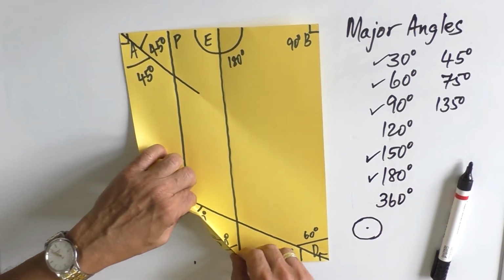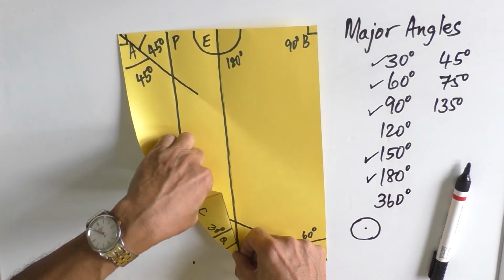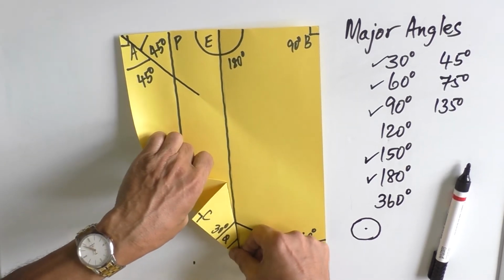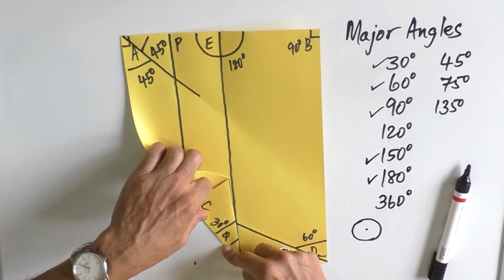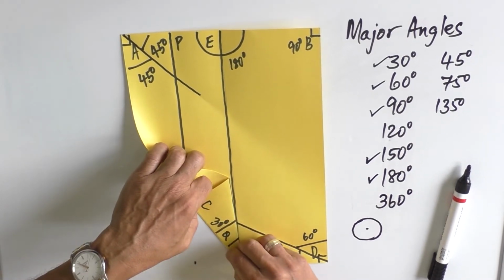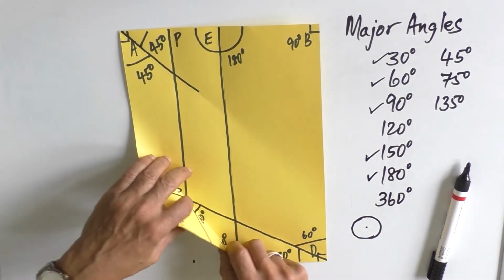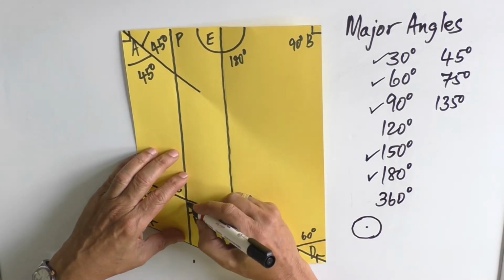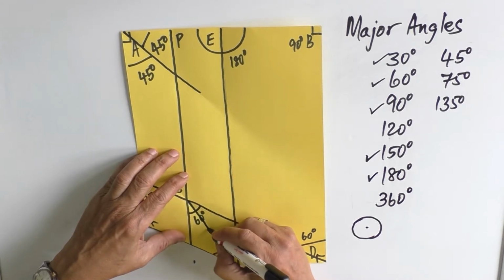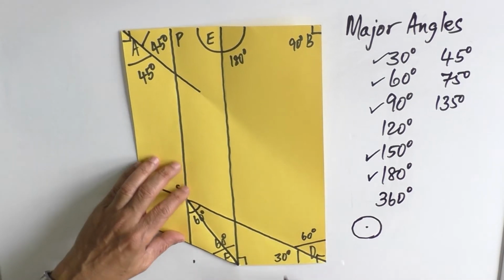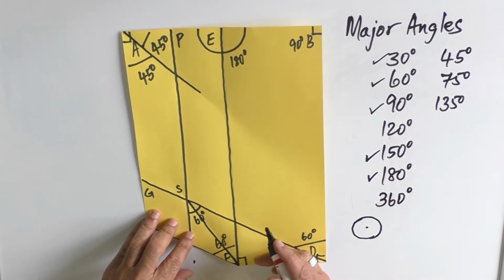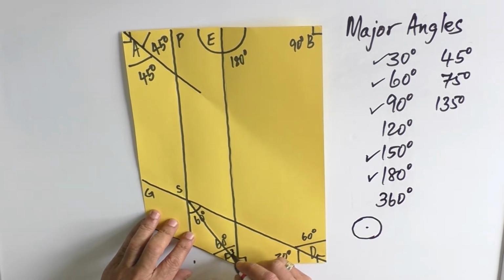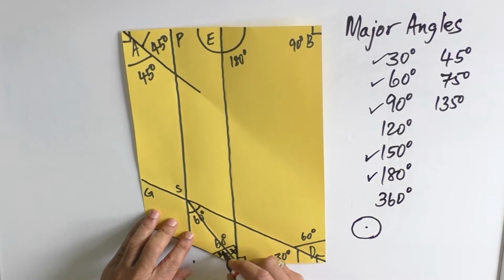That means you fold the paper in such a way that the points F and S are connected. So that means now the angle 60 degrees has been made into two equal halves, that is 30 degrees and another 30 degrees.